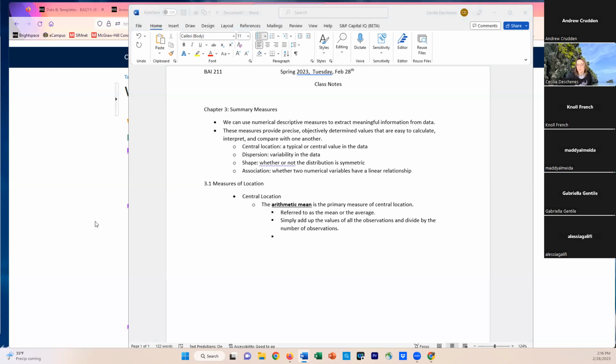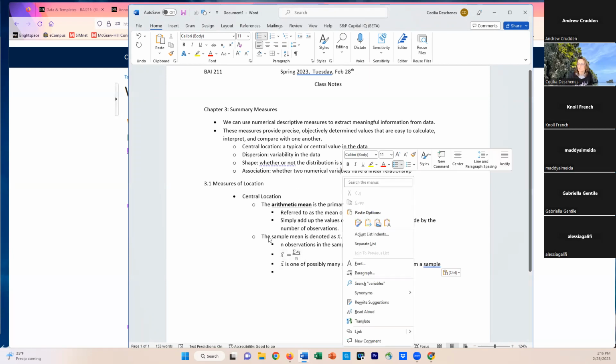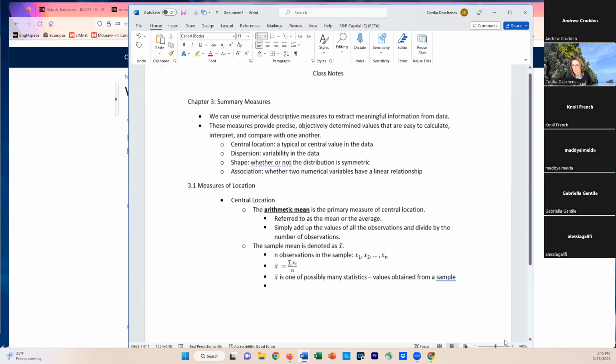So when we talk about an average or central location, we can talk about it in terms of a population or a sample, right? So here, the sample mean, if it's a sample, is denoted with X bar. And suppose you have n observations in the sample, X1 through Xn, then the notation, remember the summation notation, is just, we're going to add up all those values, divide by n.